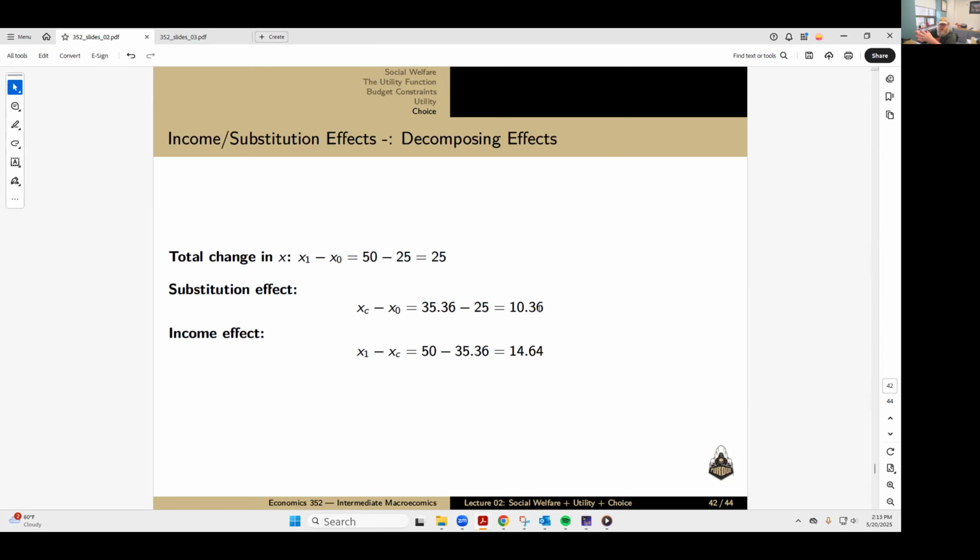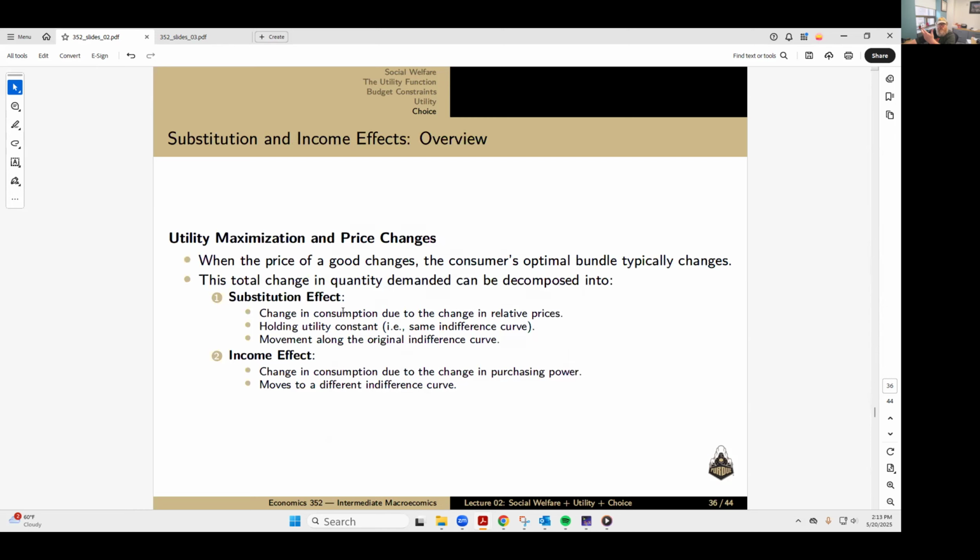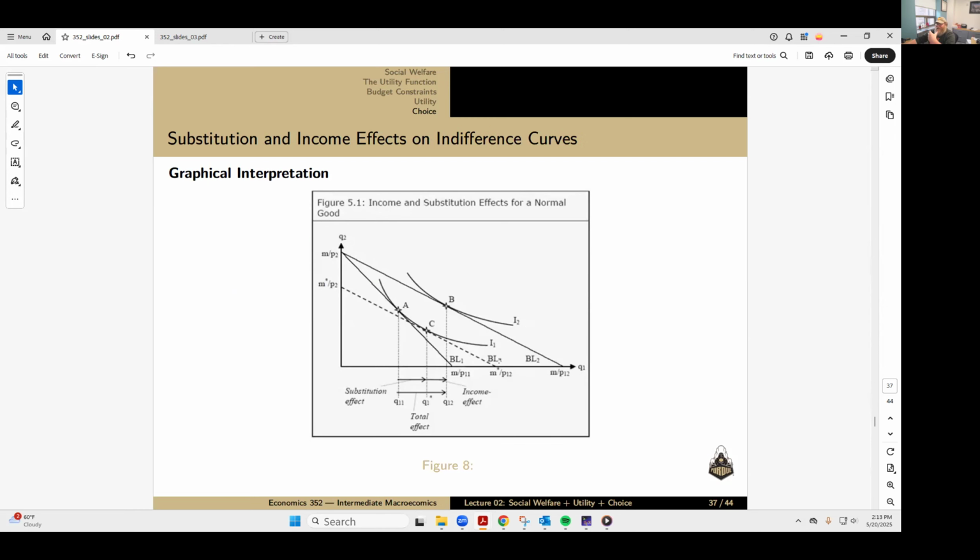So the remaining 14 to 15 unit increase in X comes about because of the income effect. The way that I'm able to know this is because I make use of this dotted line here. This dotted line is that compensated demand.